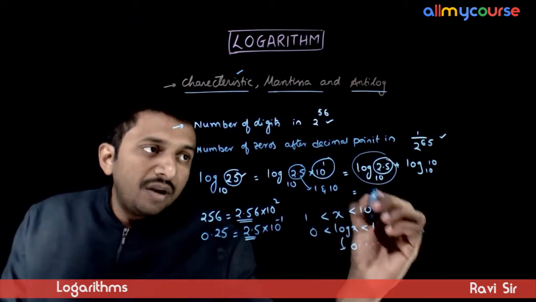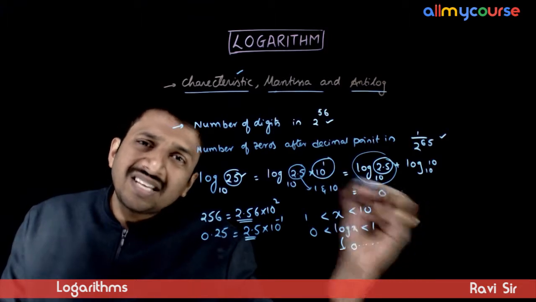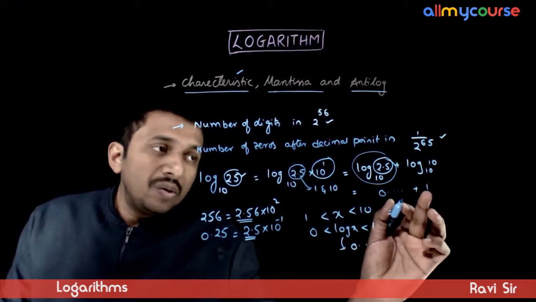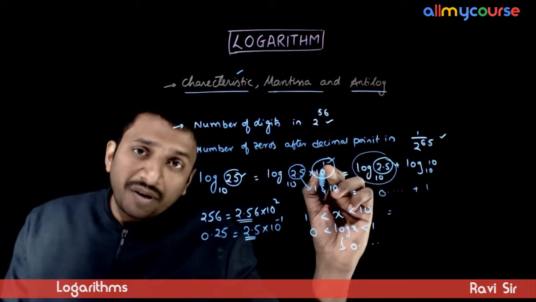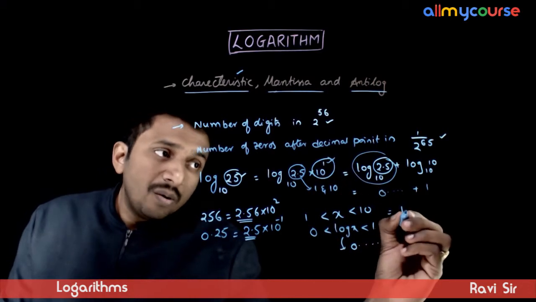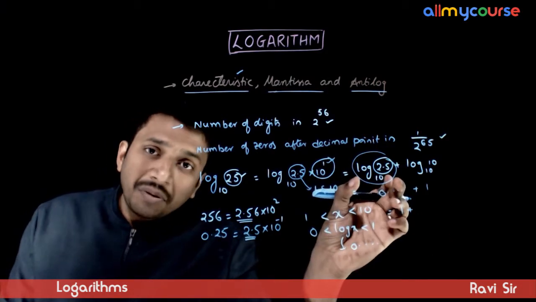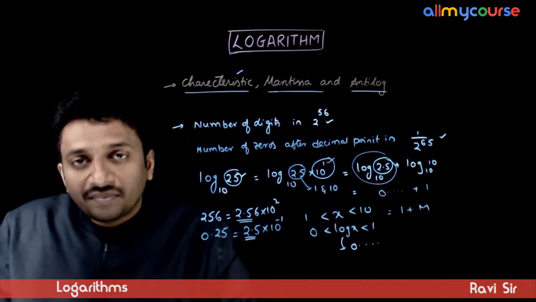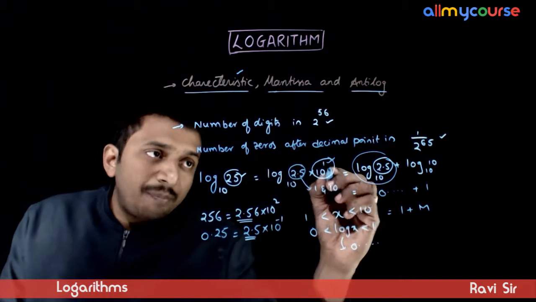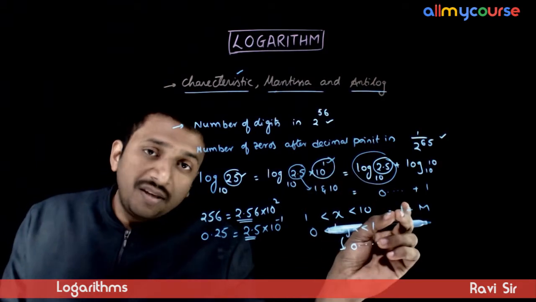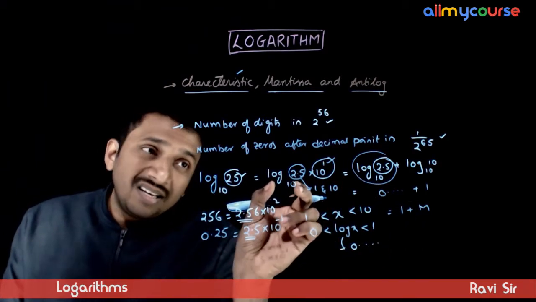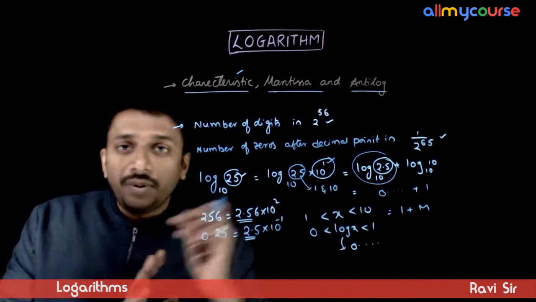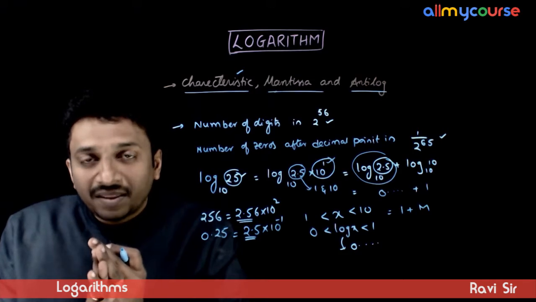So this number will always be of the form 0 point some number plus log 10 to the base 10, which is 1. So the characteristic will be this power of 10 whatever you get, and whatever number you get here will be the Mantissa of the logarithm. As you can very clearly see, the power of 10 that you get here will be the characteristic, and the number that you get here, log 2.5 to the base 10, will be a decimal, and that will be the Mantissa of that number.